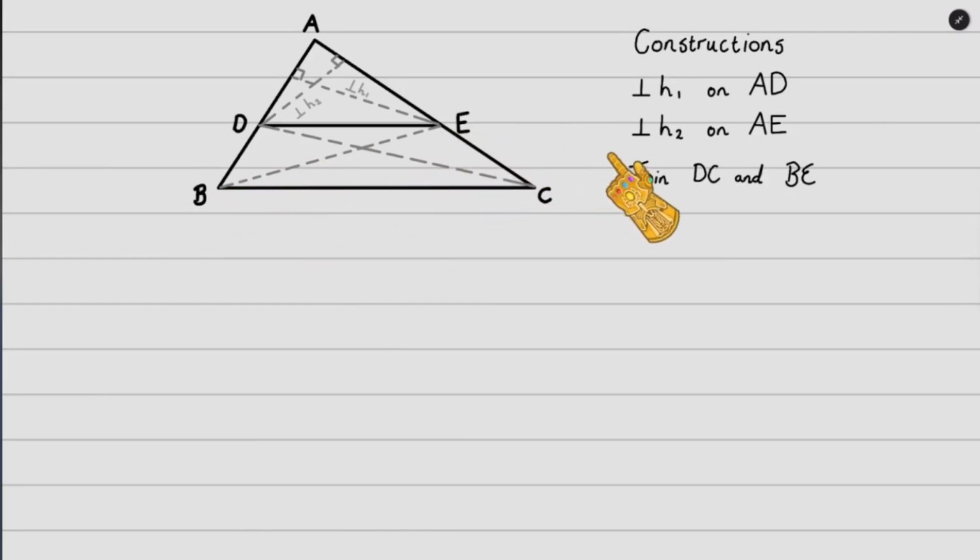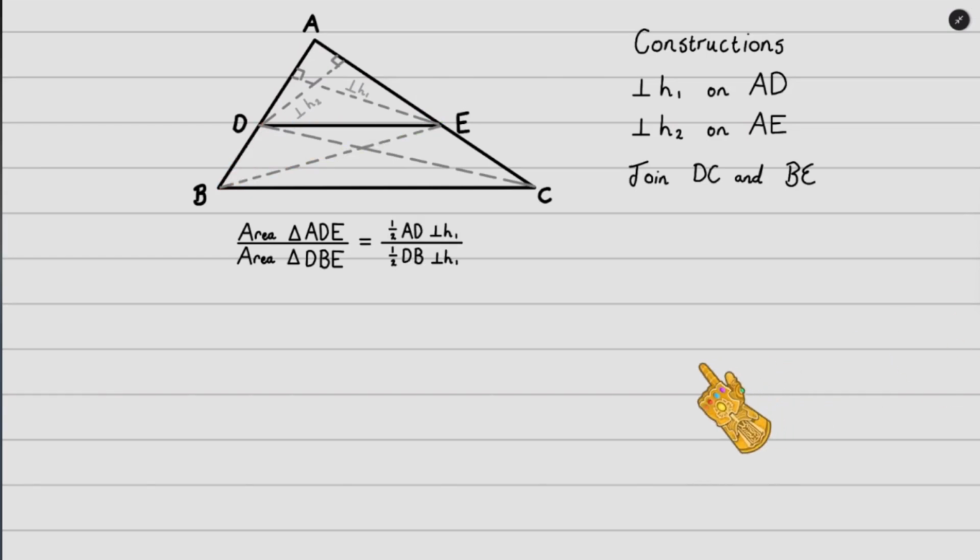The next step of the proof is we need to get the ratio of the area of triangle ADE over the area of triangle DBE. So we are focusing on this triangle over here as well as this triangle over here.